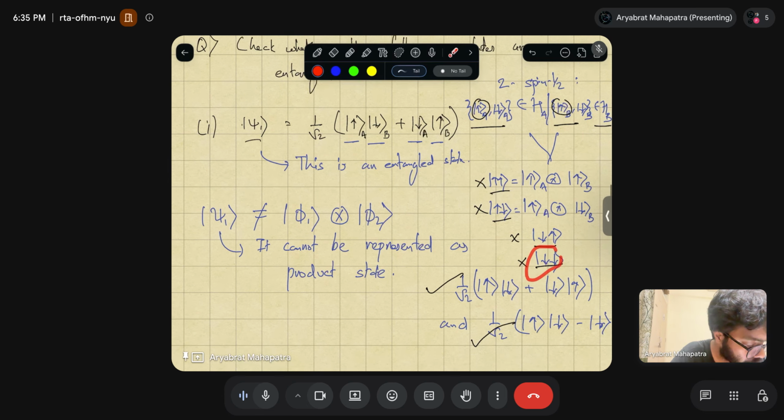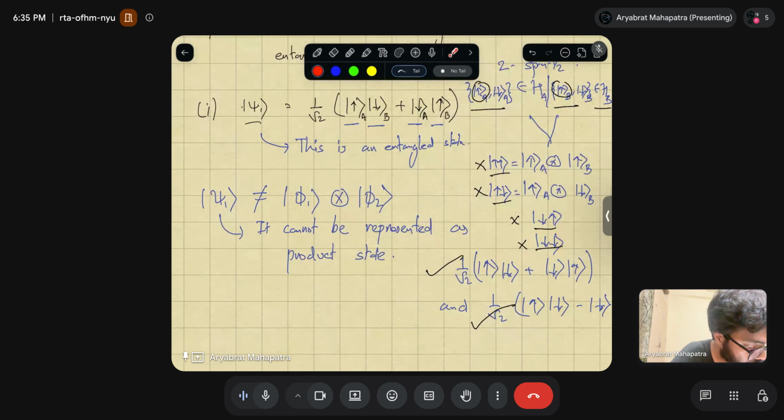Otherwise we can also get some linear combination. If we take these two states with a positive sign, we get one distinct linear combination, and if we take these two states with a negative sign in between them, we get another.